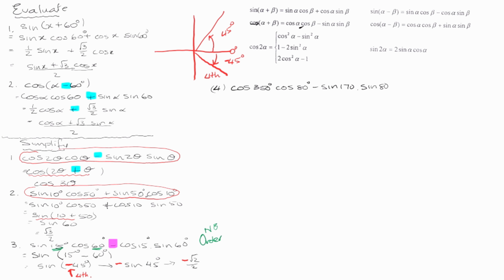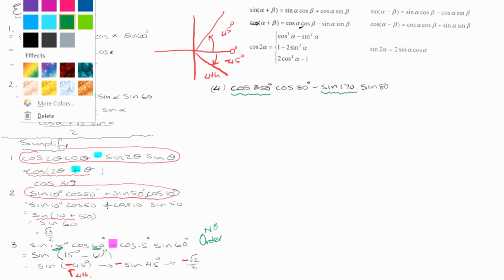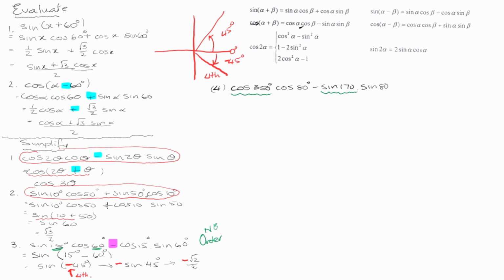Right, so cos, cos, sine, sine, that's good, but we do have an angle that is not in the first quadrant there and there. So I'm going to reduce them using the CAST diagram.